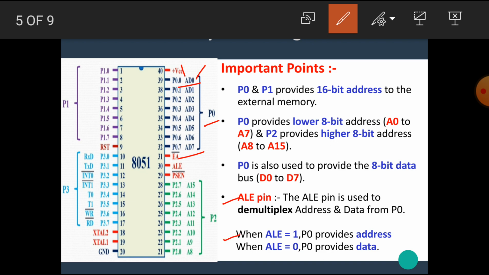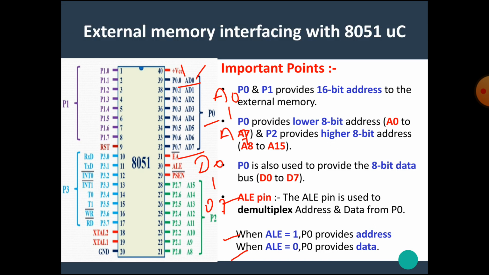When ALE is equal to 1, port P0 provides address, that means address A0 to A7, and when ALE is equal to 0, port P0 provides data D0 to D7. I hope you all understand the basic function of the ALE pin.